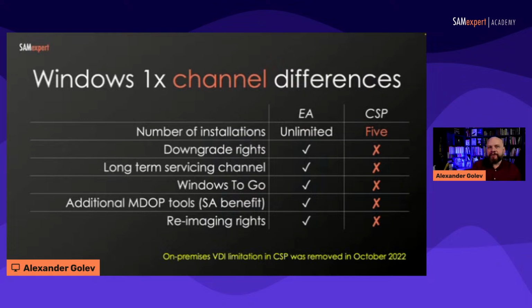They also allowed finally, which was completely nonsensical, to virtualize Windows 11 on premises. You probably didn't know, and if you did that, you were non-compliant before, but now it's fine.